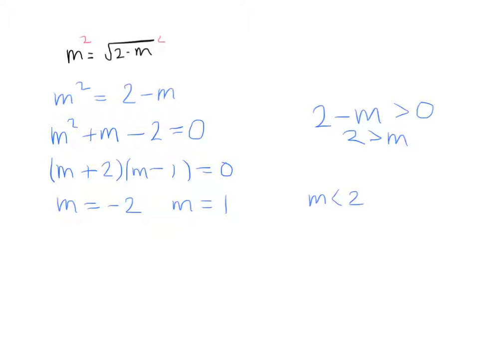I'm going to do -2 equals, let's see. I'm going to just put that in a different color actually, so you can see that's the check. -2 equals the square root of 2 minus -2.